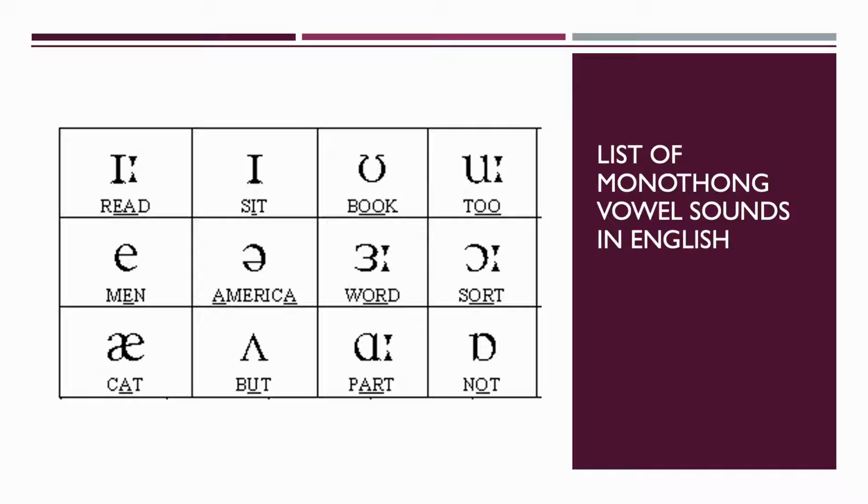You have book, you have to, you have men, you have America, you have word, you have sort, you have cat, you have but, you have part, and you have not. These monophthongs are there for us to know that these are vowel sounds, and when we see them, we should be able to recognize them.